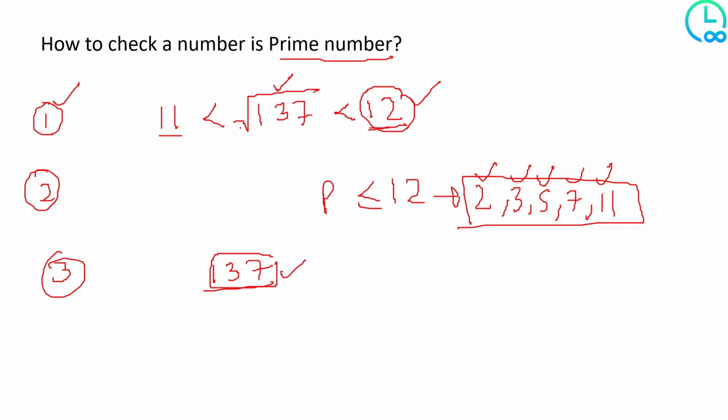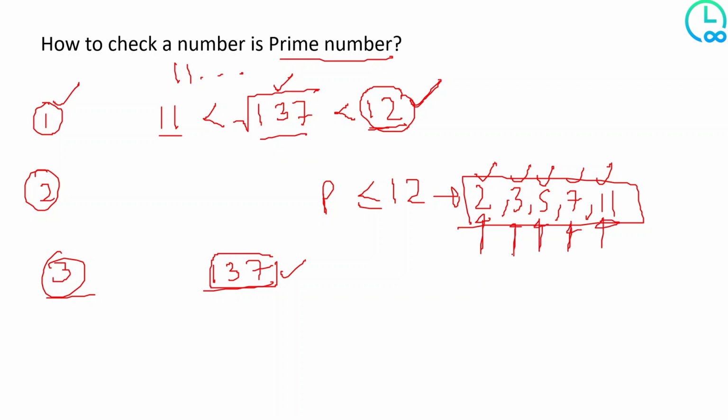So the steps are: first find the approximate square root, then take the higher integer, because this will be 11 point something, so the next integer is 12. Then the second step is to write the prime numbers below or including this number. Then the third step is to check whether the number 137 is divisible by these prime numbers or not.